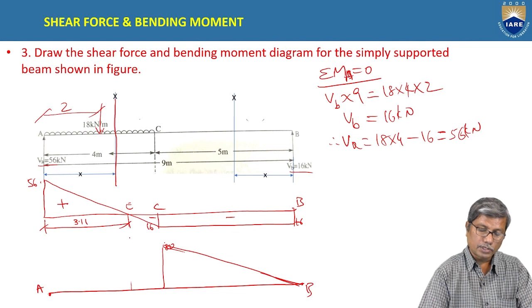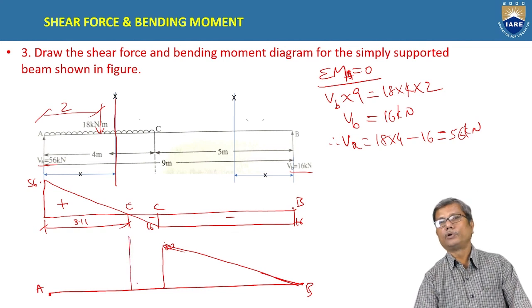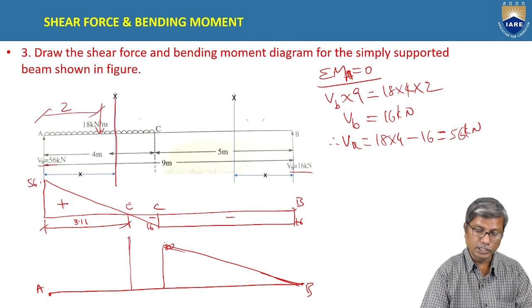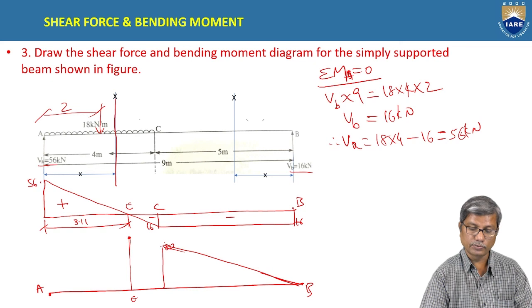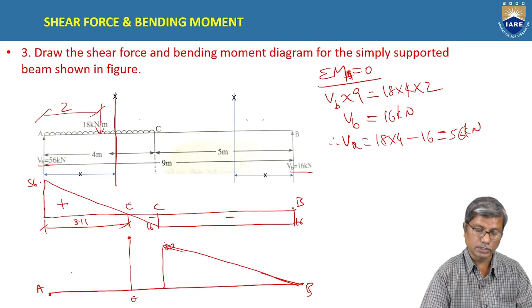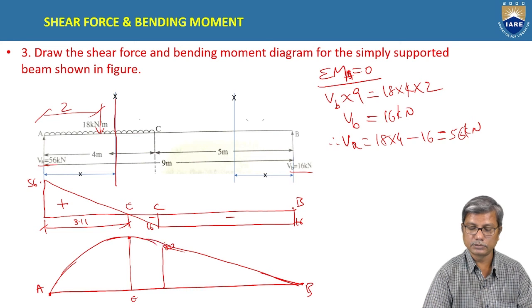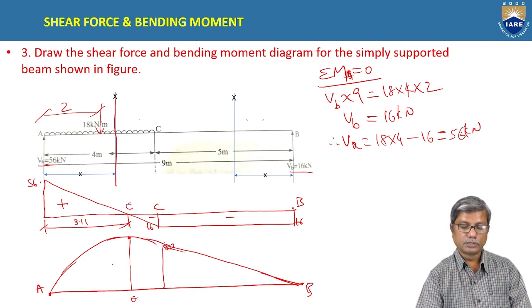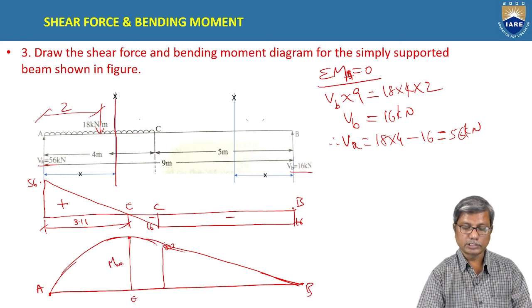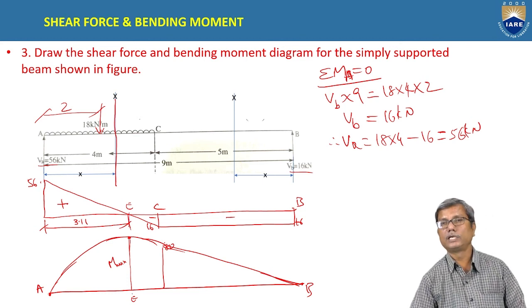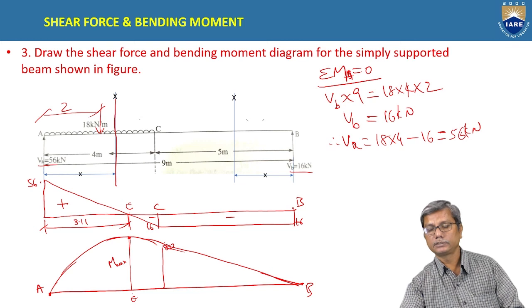And to draw a parabolic curve, we need at least 3 points. Okay, and we know the bending moment at E, which is maximum at x equal to 3.1. So you locate this point and you join these points like this. Okay, this is the maximum bending moment at 3.1, where the shear force changes sign.